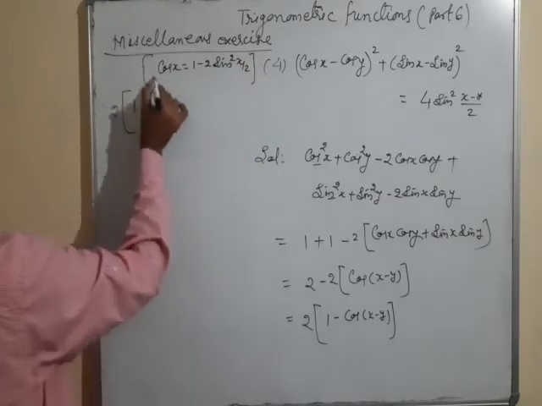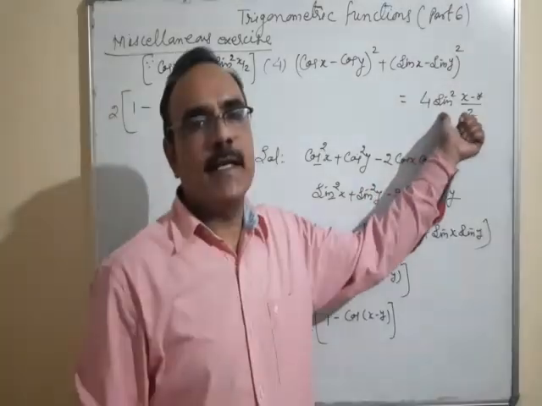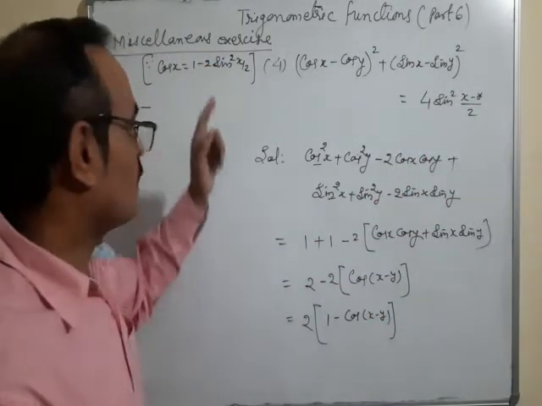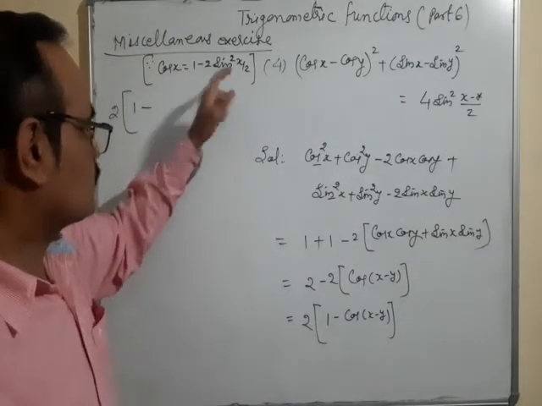Why is this formula used, why not the others? Because here we want to create sin square, so that is the only formula in which only the sin square term is coming. 1 minus 2 sin square x by 2.